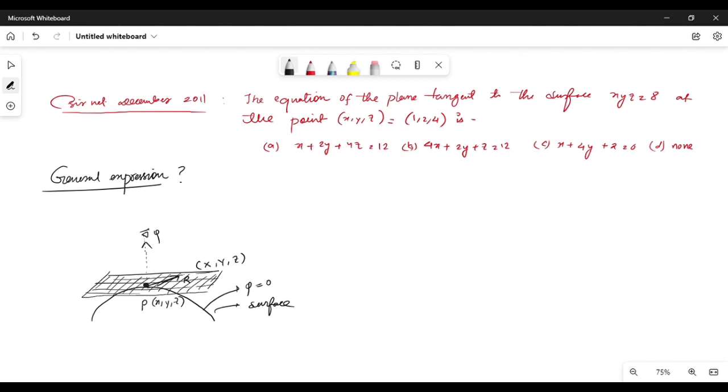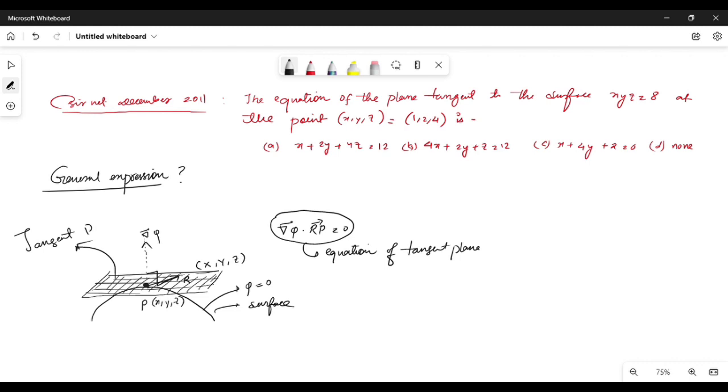Then if I take the dot product of gradient of phi and RP, it is obviously 0 because they are perpendicular to each other, right? It is obviously 0. That means this will give us the equation of the tangent plane, right? This is how we solve for the equation of a tangent plane to a surface, right? So this is a tangent plane.